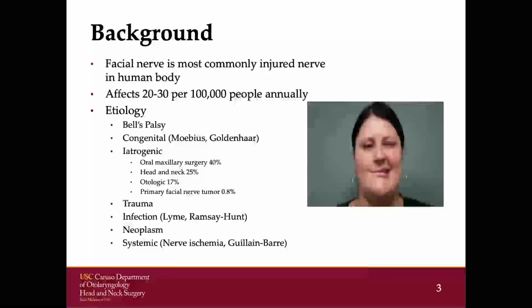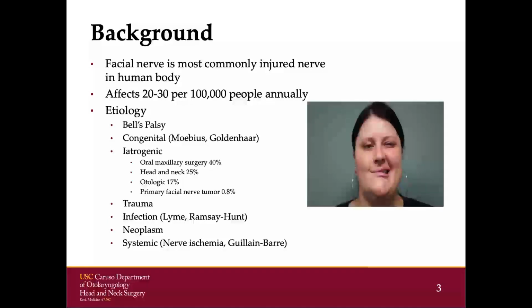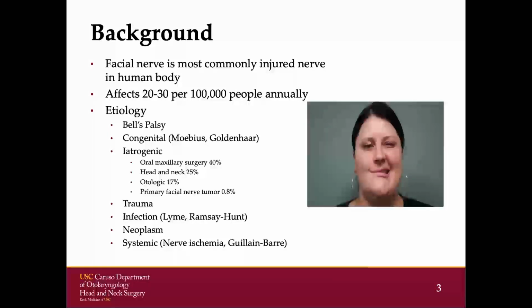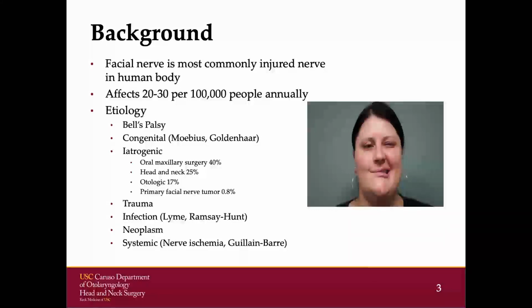So to provide some background, the facial nerve is the most commonly injured nerve in the human body. Facial nerve paralysis affects 20 to 30 people per 100,000 annually. And the most common, as most of us are aware, is from Bell's palsy.